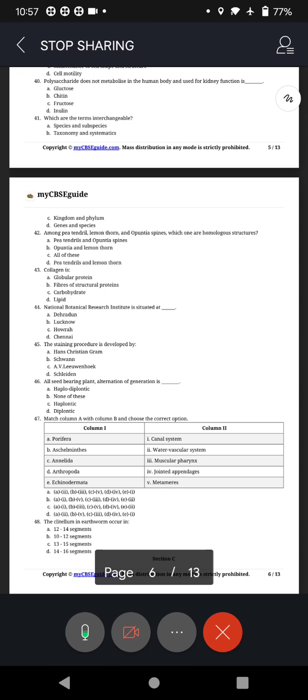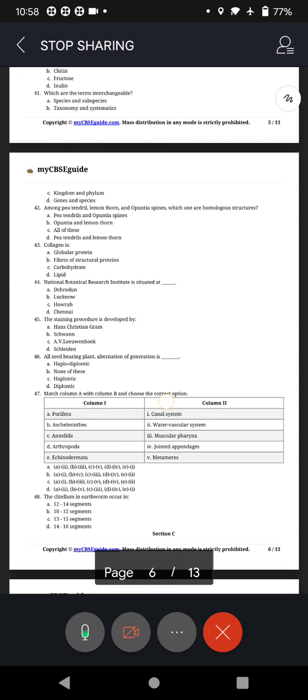Next, question 46. Alternation of generation in seed bearing plants. Alternation of generation means sporophyte followed by gametophyte. In the life cycle of a plant, two dominant phases will be there, two predominant stages.